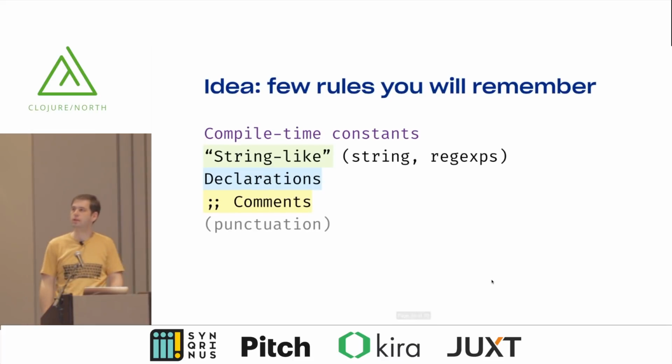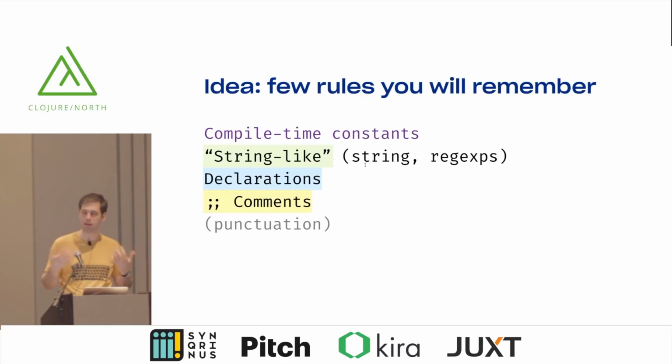And this is how I came up with my color scheme. It has one principle, well, maybe several principles: use as few rules as you can remember, right? In my case, it's just 5 rules. I only highlight 5 different things.